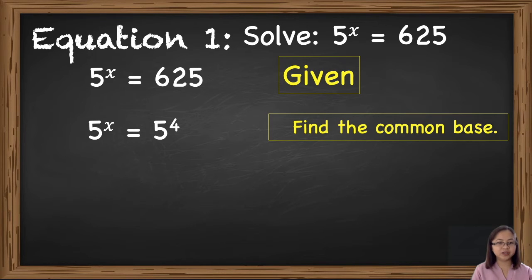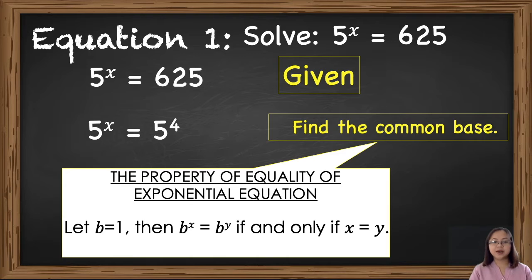And let's recall, there is a property of equality of exponential equation, wherein we say if we let b not equal to 1, then b to the x equals b to the y if and only if x is equal to y. So if there are equal bases, therefore, we will have equal exponents.